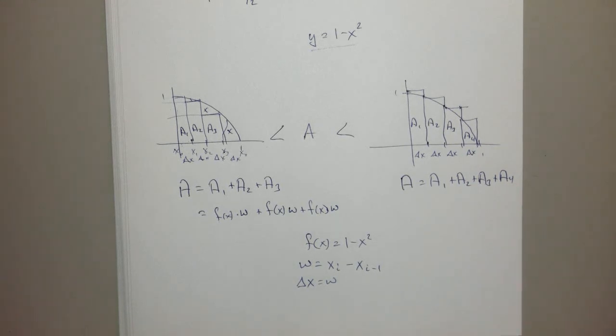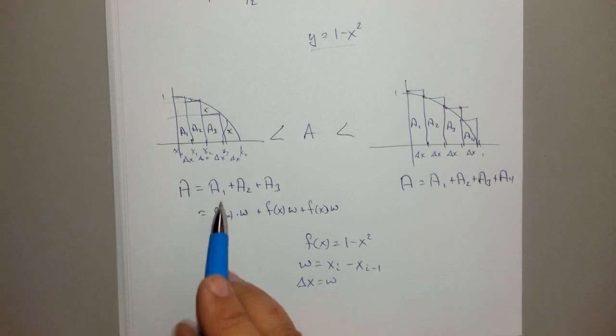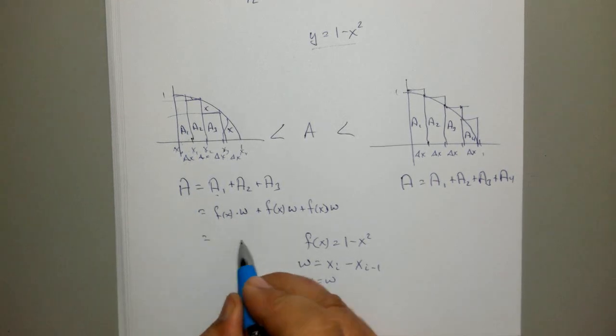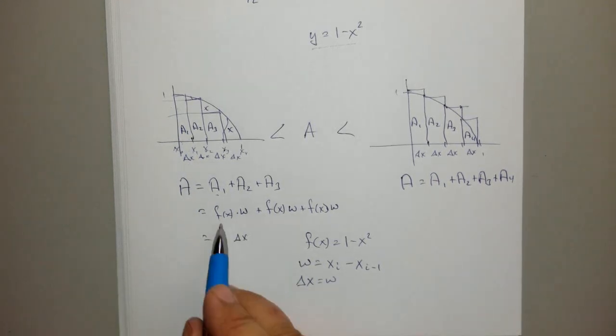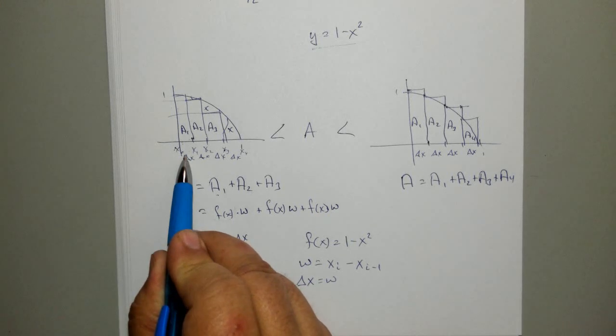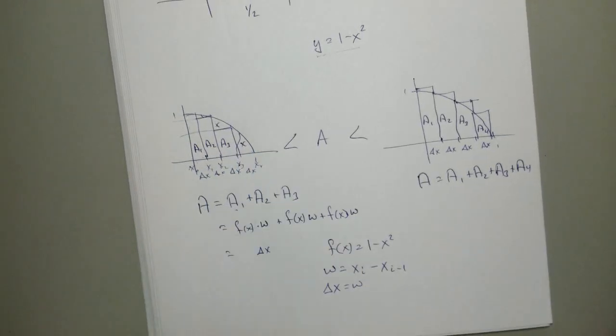How do we calculate the height? Remember, the formula for the area is base times height. The base is the width, which is delta x. And the height has to be the function. So what's the only thing that changes in the function? Your input. What x are you putting in there?